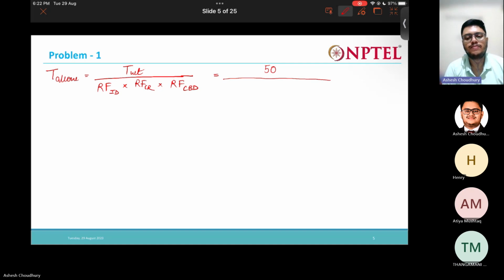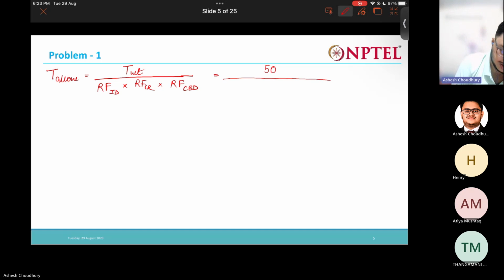Or if you don't have the values, we can take a value from the table that I had shared in the previous class. Here we are constructing a wall, and for walls, we will take appropriate values from that table.